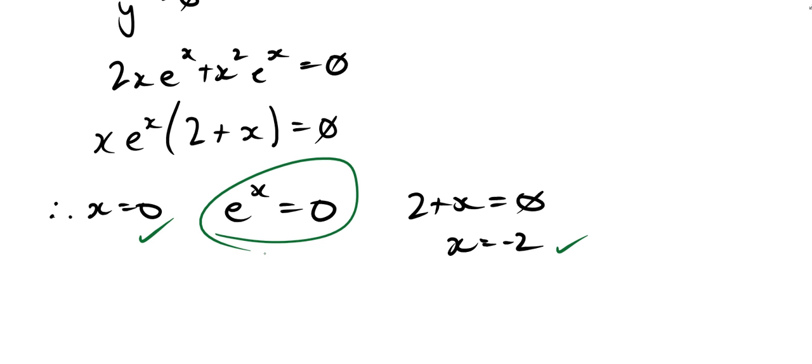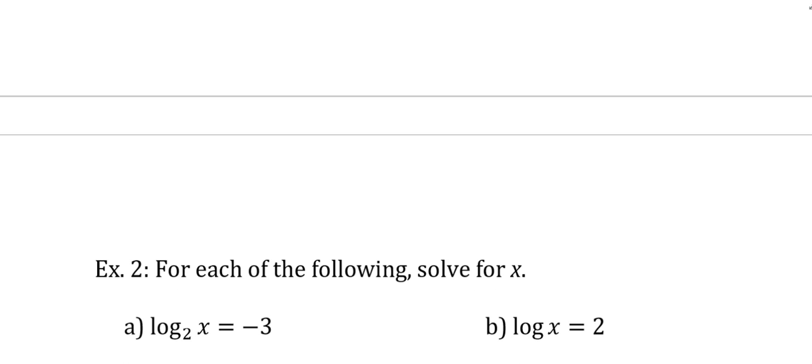It doesn't, so this one's not possible. There's no solution. Okay? So that's a big part of doing these first derivatives or second derivatives or any of the solving equations that we're going to do today: thinking about which solutions work and which don't.